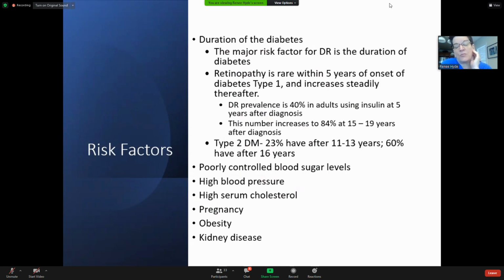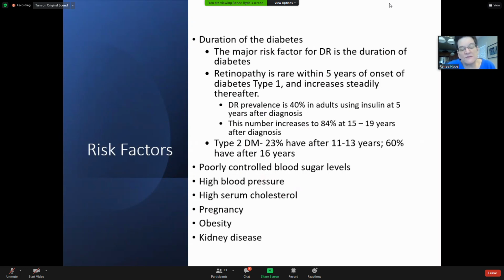Typically, the prevalence of the retinopathy in adults using insulin at 5 years after diagnosis is about 40%. And if they survive to live 15 to 19 years after their diagnosis, that incidence increases to about 84%.